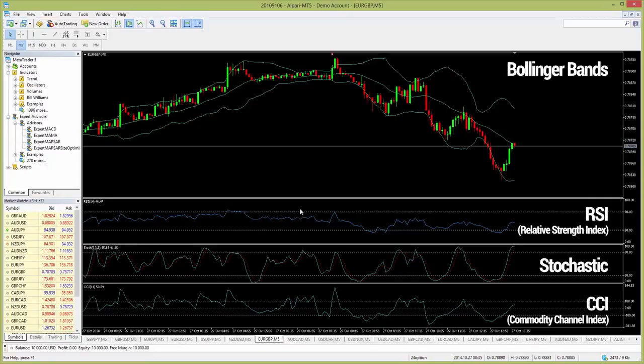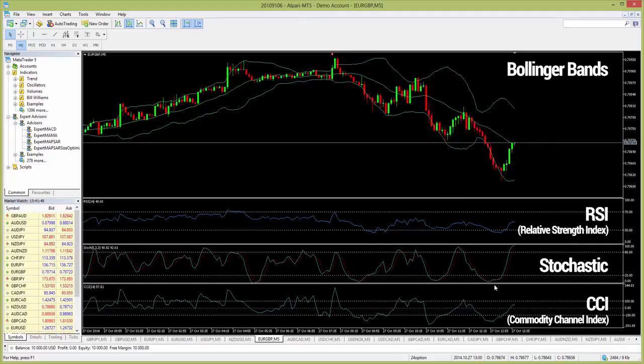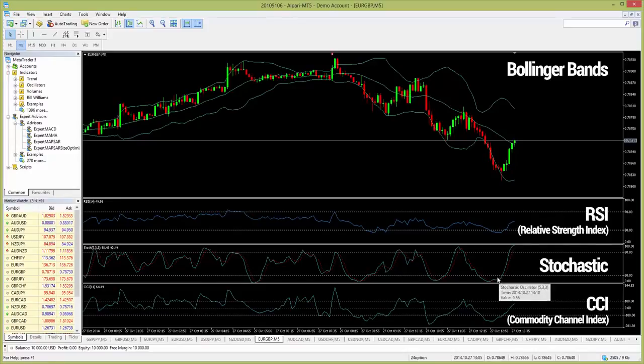In RSI, we're looking for conditions where the RSI reaches 70 or higher when the price is going up, and 30 or lower when the price is going down. And in Stochastic, we're looking for a crossover in these two lines, either on the upper band or the lower one.